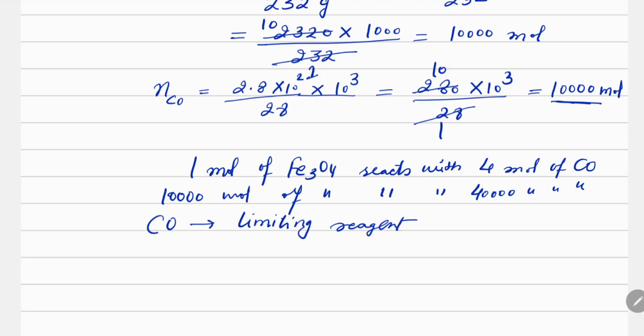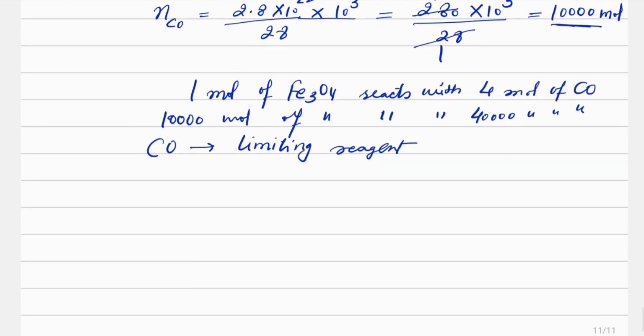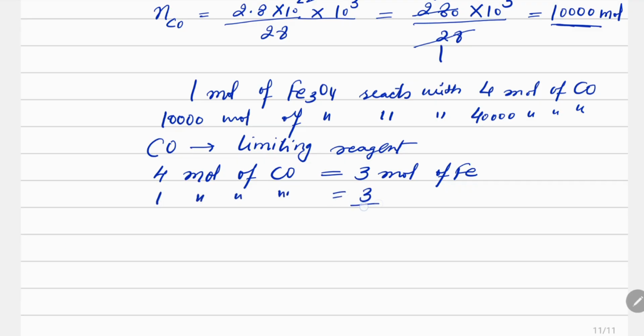If carbon monoxide is the limiting reagent, then the mass of iron, the product, will depend on the quantity of the limiting reagent given. If 4 moles of carbon monoxide produce 3 moles of iron, then 1 mole of carbon monoxide should produce 3/4 mole of iron.